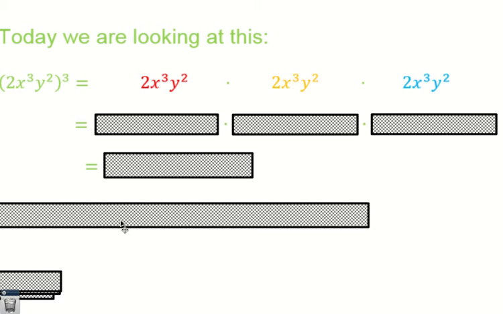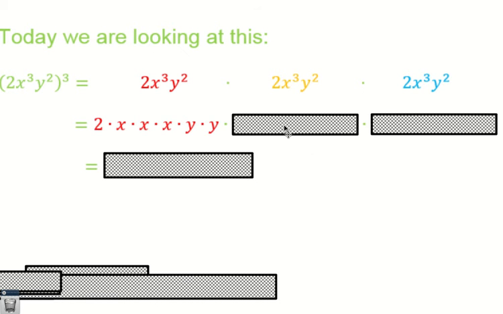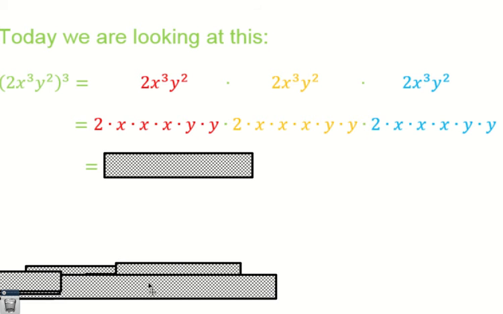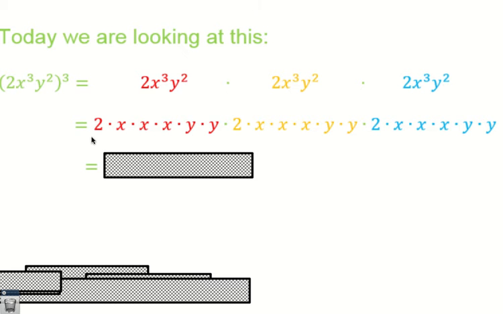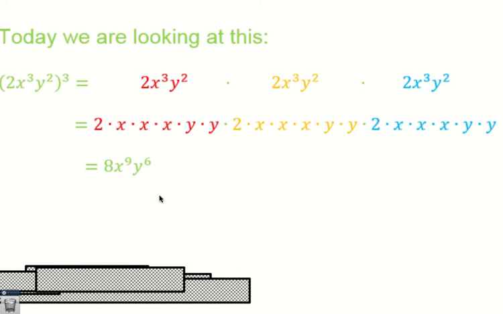And then, to keep breaking it down and expanding it, you put the 2 times the 2 times the 2, and then all of these x's multiplied together, and all of these y's multiplied together. You end up getting 8. That was the 2 times 2 times 2, in other words, 2 to the third power. And then all the x's ended up being 9 of them, and then 6 of the y's.